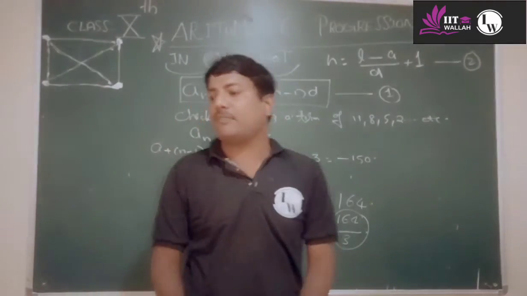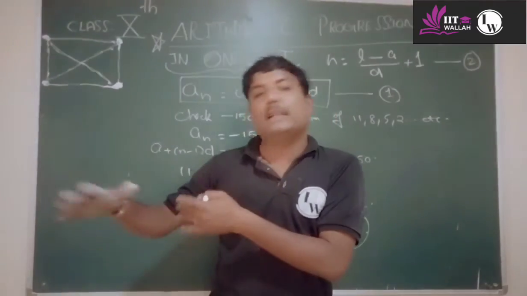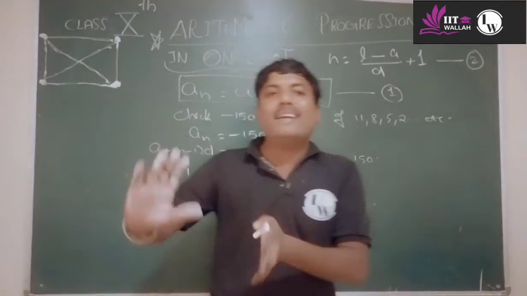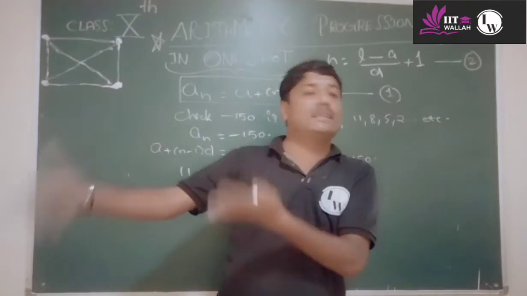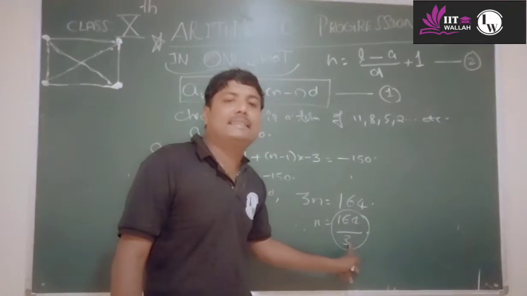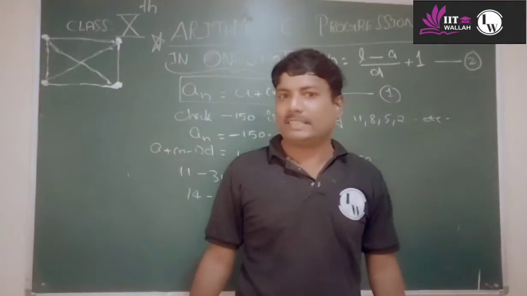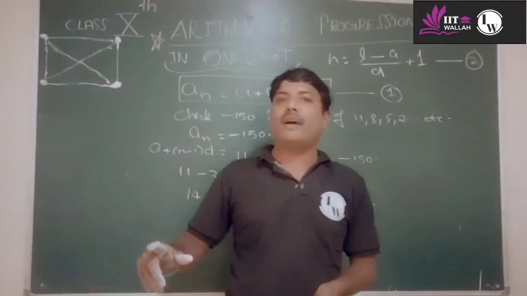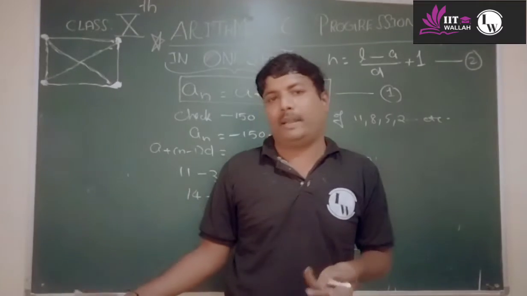We can say first term, second term, third term, fourth term. But we cannot say 1 by 2th term, 3 by 4th term, 164 by 3th term. There is no meaning for that. What is the meaning of 1.5th term? No meaning.